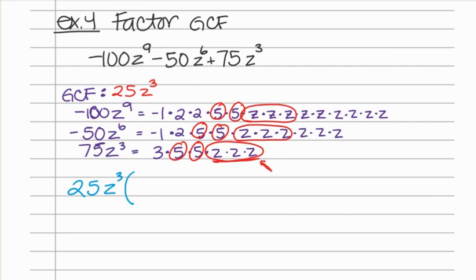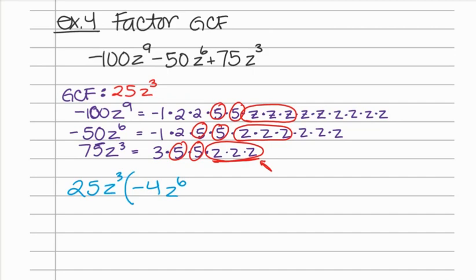You can go up here and try to divide the 25Z to the third out and see what you have left. But we do have our factors that are left over, and we're going to use those leftover factors to determine what's inside of our parentheses. -1 times 2 times 2 is -4. And we've got Z to the sixth.